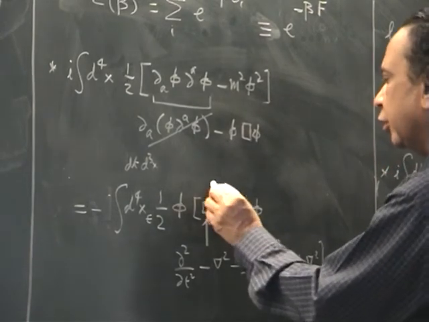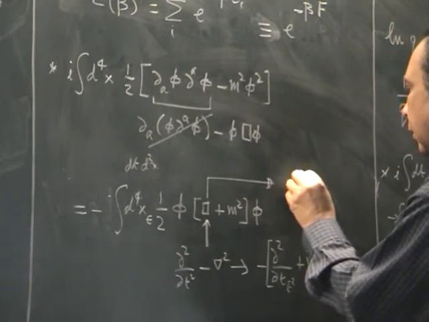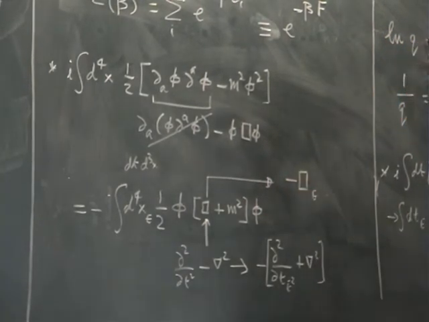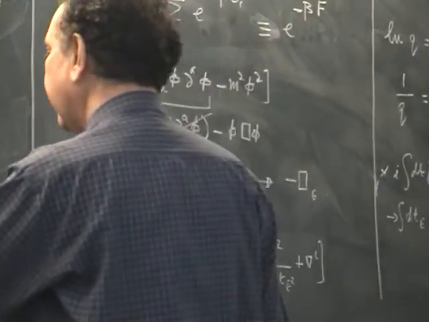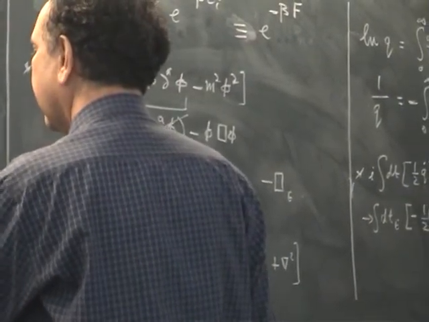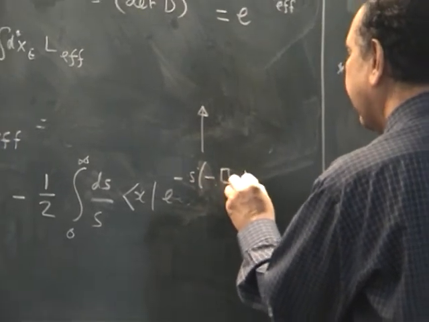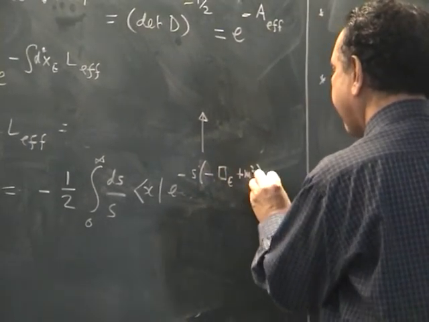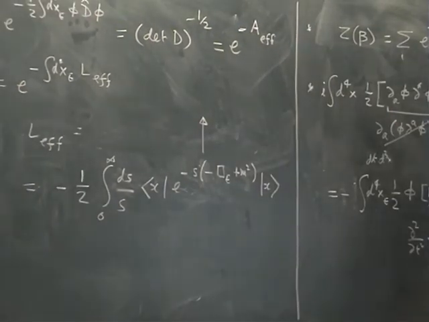So this box is going to go over to minus box in the Euclidean space, right? Because there is an overall minus sign here. So the operator which we are interested in is minus box_E plus m squared acting on x. Fine, this is what we have.